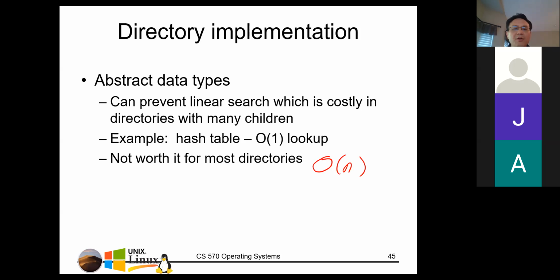But people are arguing these days that most of the time, setting up this hash table demands a lot of complex administration. So people are arguing, do you really need this? Is this hash setup worth it?